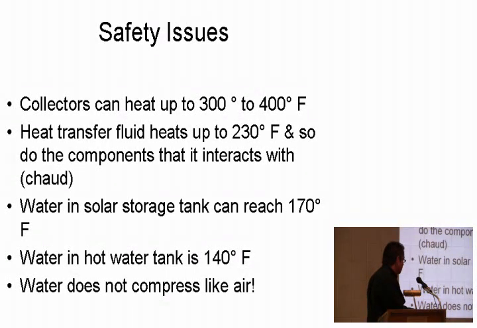The water in the solar storage tank can reach temperatures of 170 degrees Fahrenheit, and that will depend sometimes on the manufacturers, how hot they set the temperature, and you can generally adjust that temperature as an installer.